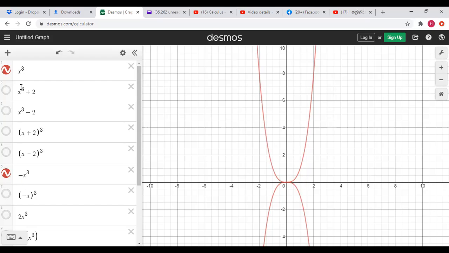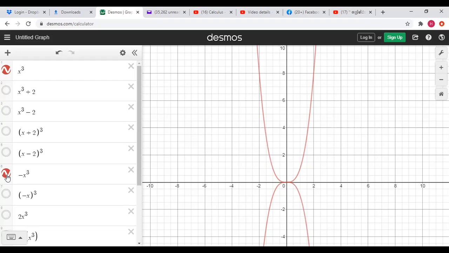Now, if you replace x with negative x, it gives you the reflection about y-axis. In this case, it gives you the same previous graph. Means if you look at this graph carefully, the reflection about x-axis is same as reflection about y-axis.